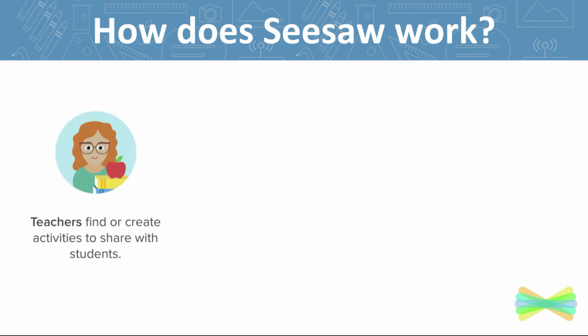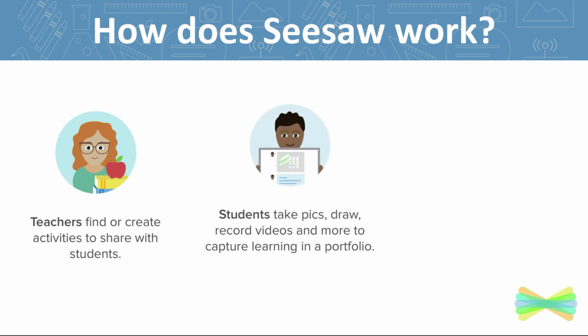Teachers can create their own activities or find one that is suitable from the extensive library. All of these presentations can be edited to suit the needs of the class. A critical part of the process is that students read and follow the instructions, which are heavily supported by images, so that students of all ages are able to engage with Seesaw.